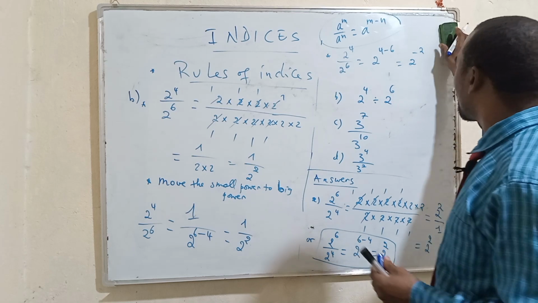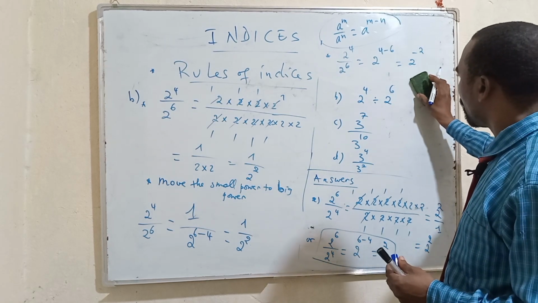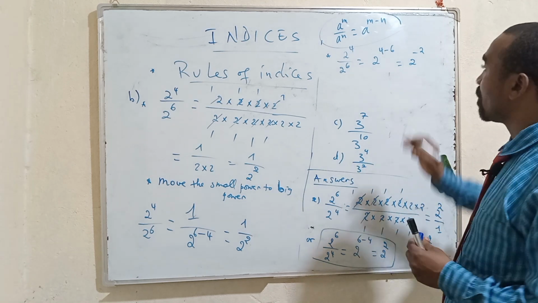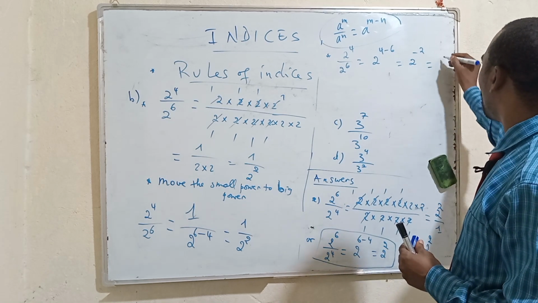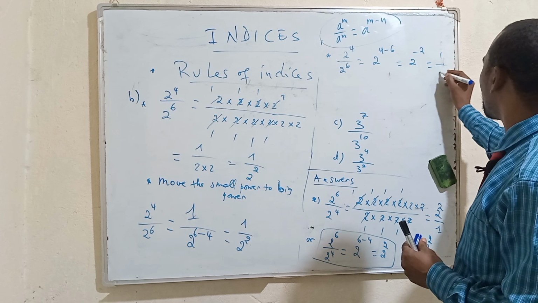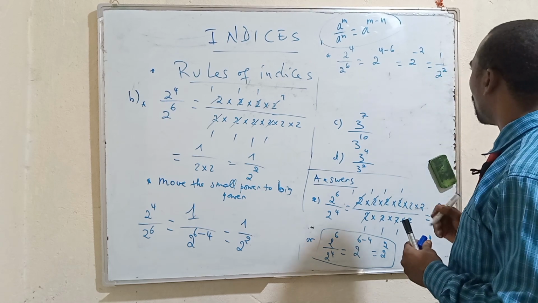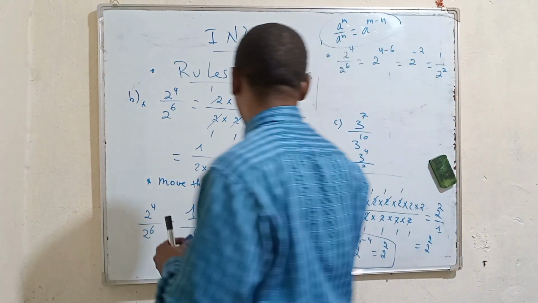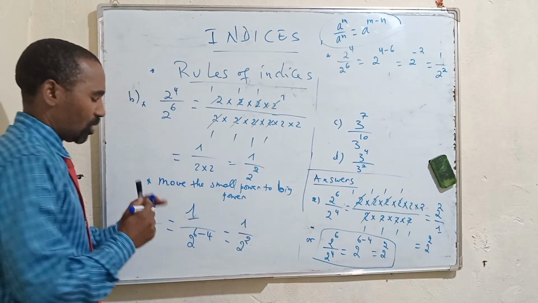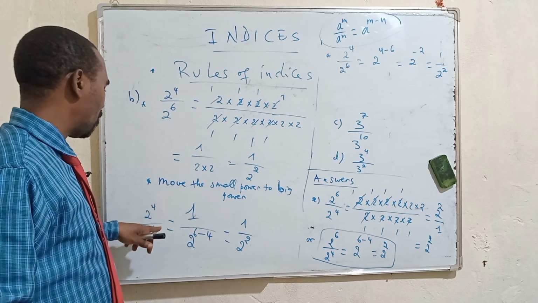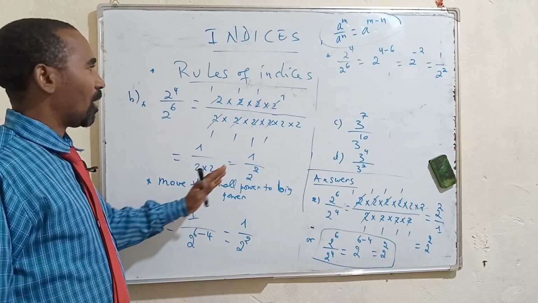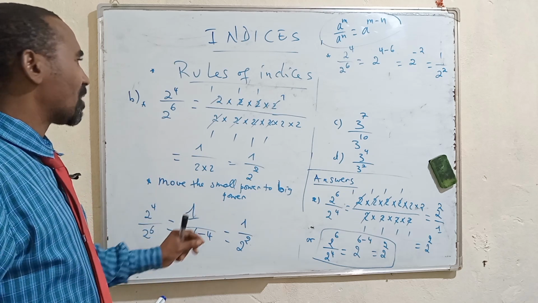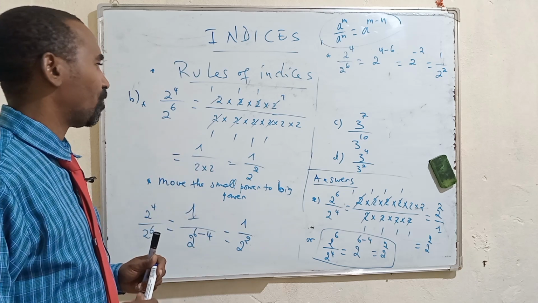Now, this is a negative power. You can now apply the third property, because it's better to leave the answer in positive power. It becomes 1 over 2 power 2. This power, when it moves to the denominator, becomes positive. You see, they will be the same, but it is very short to consider that the small power moves to the big power. It is the one which is short and gives the answer faster than that one.